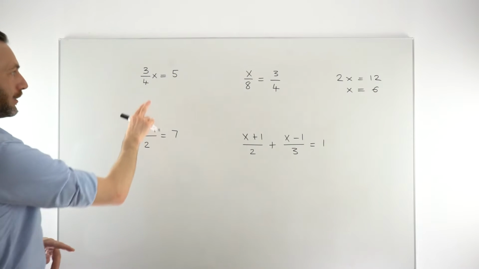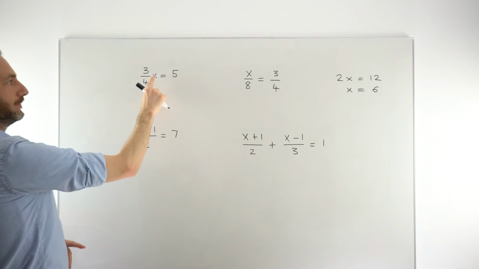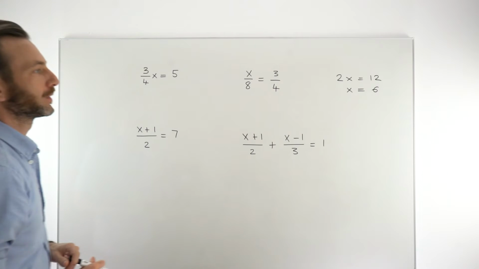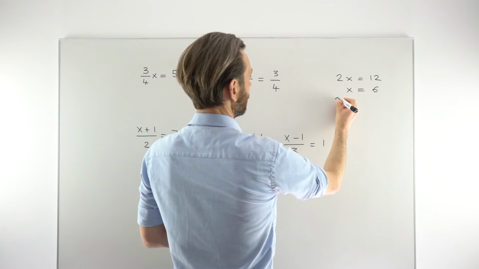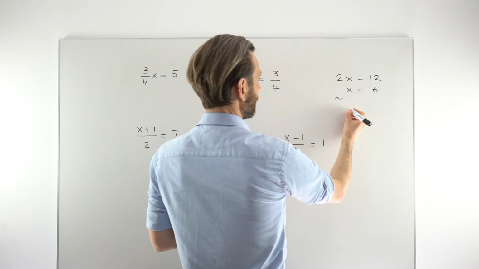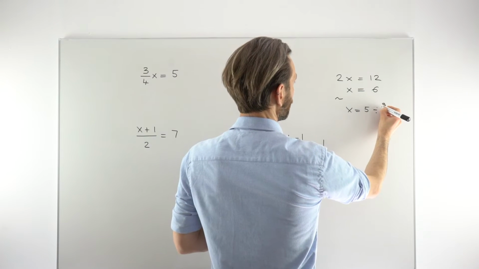You could do that here. You could just say, right, well, I've got a number, happens to be a fraction, times x equals 5. I could just go ahead and divide both sides by 3 over 4. That would work. So you would end up with x equals 5 divided by 3 over 4.